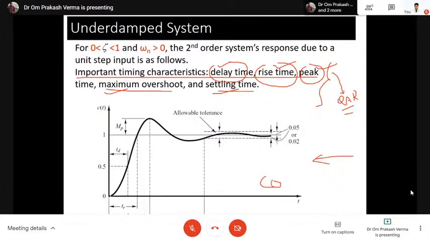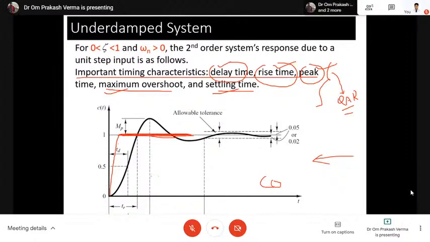As I already told, our target is to achieve this value without any error in a very short time, or you can say zero time, but it's not possible. There's always some time taken to reach the response, and some error will also be generated.